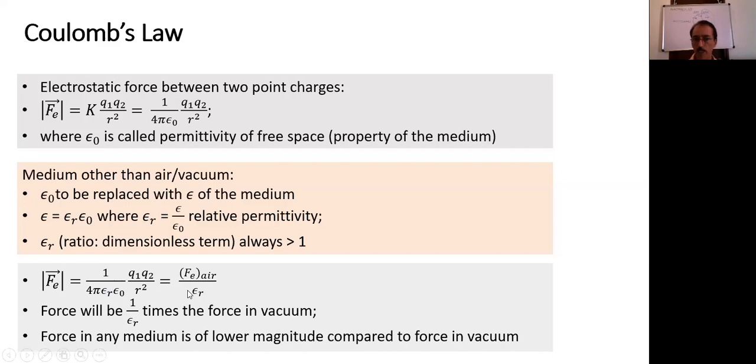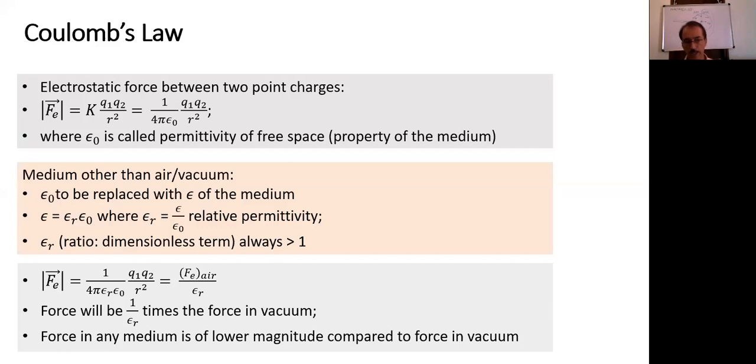So in any other medium, the force will be 1 by epsilon r times the force had the two charged particles been kept in vacuum. Since epsilon r is greater than 1, force in any medium is of lower magnitude compared to force in vacuum.